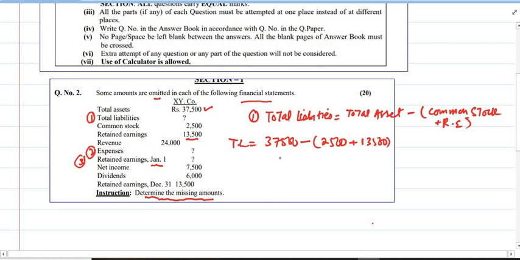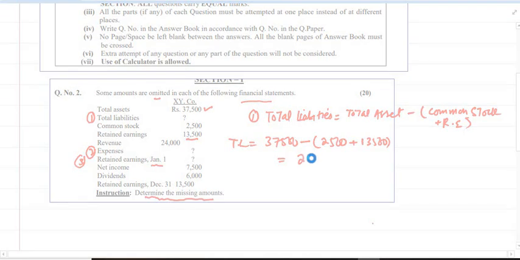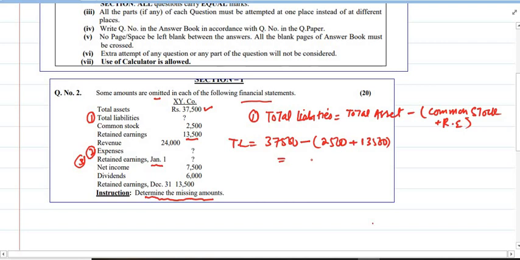After doing the calculation, you'll find the result, and that will be 21,500. So this is the first missing number that we have calculated already. Clear?